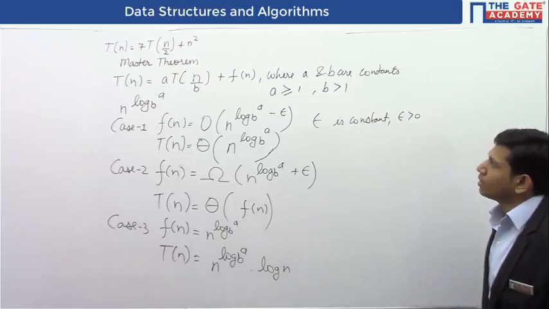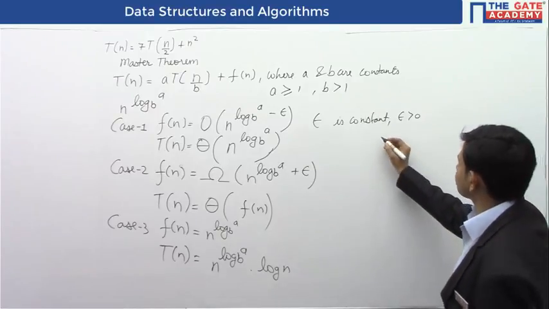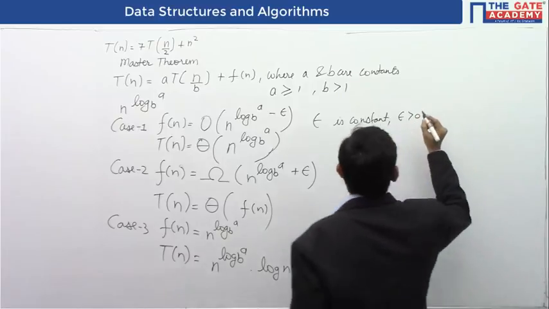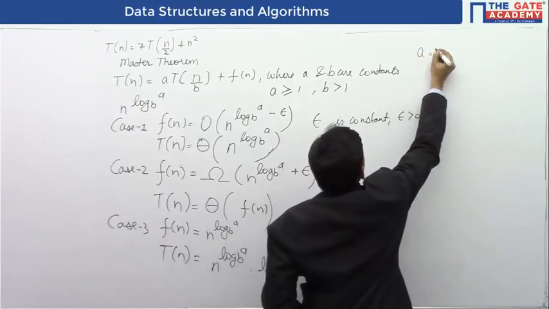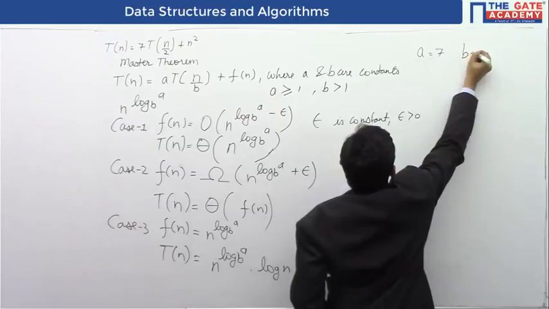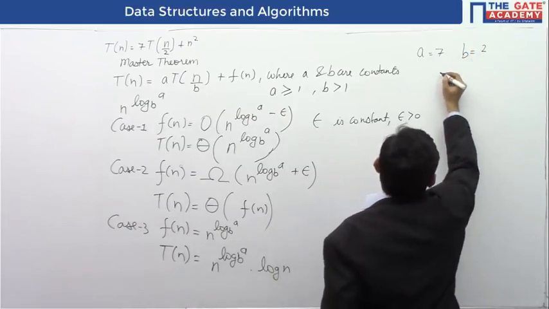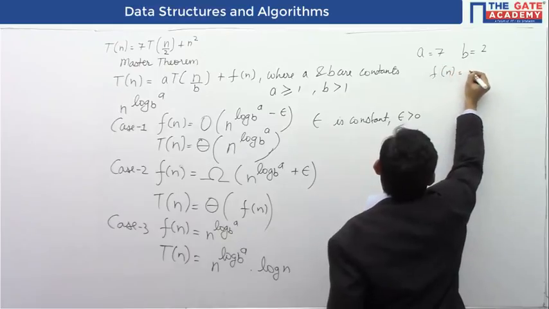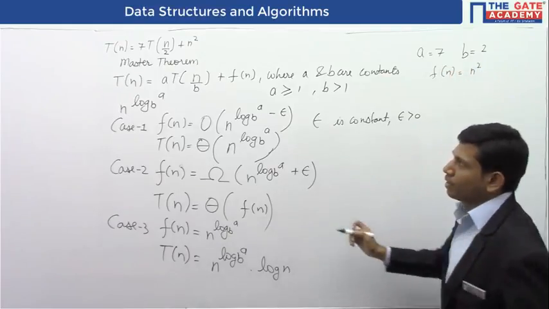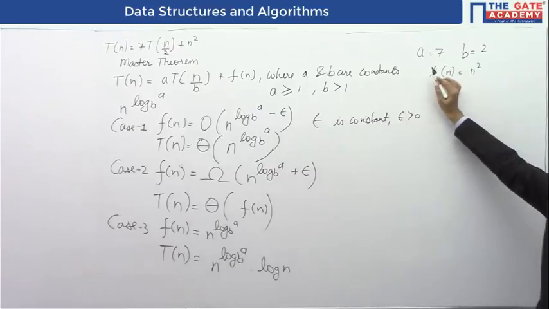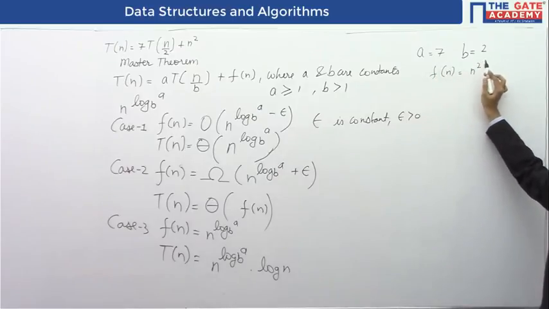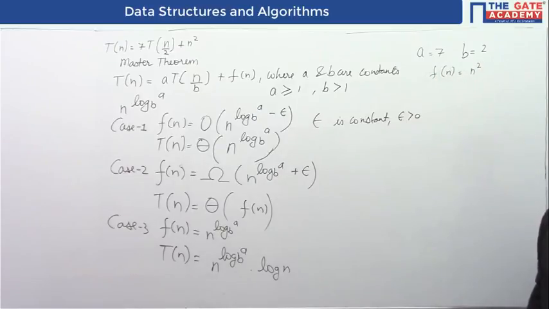We have a equal to 7, b equal to 2, and f(n) equal to n square.